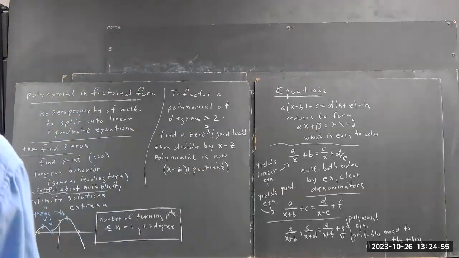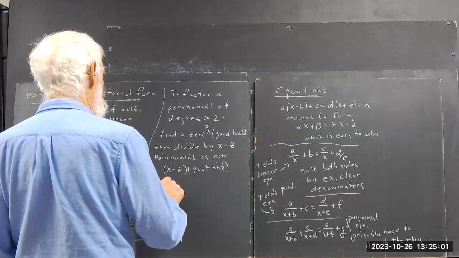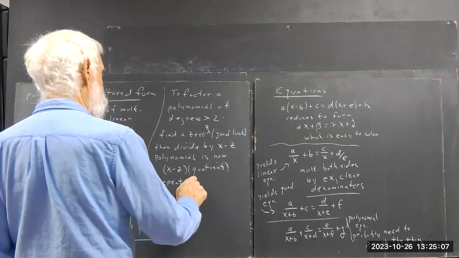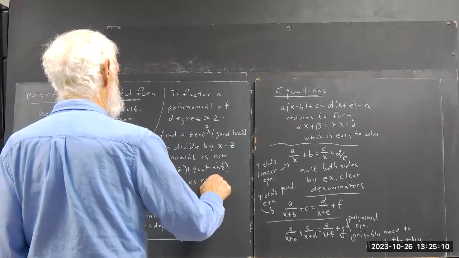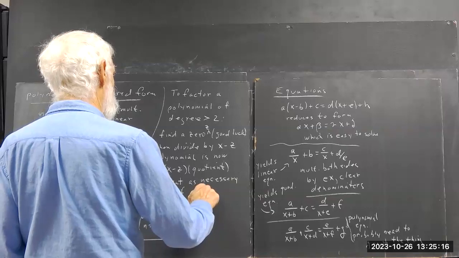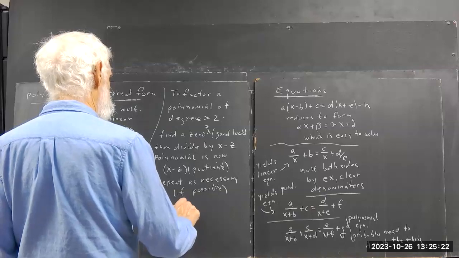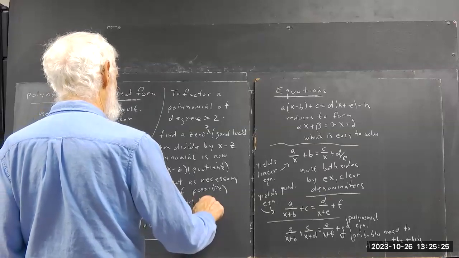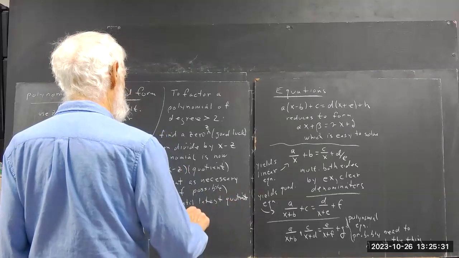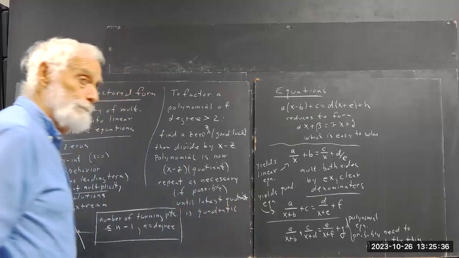Okay. And then repeat as necessary, if possible. So the latest quotient is quadratic.